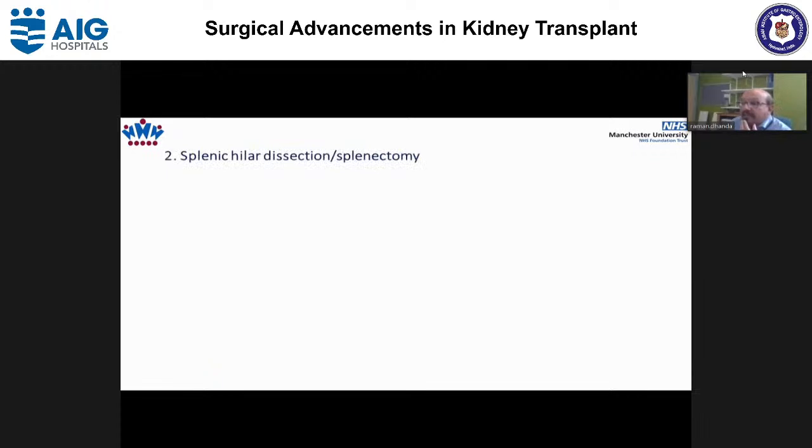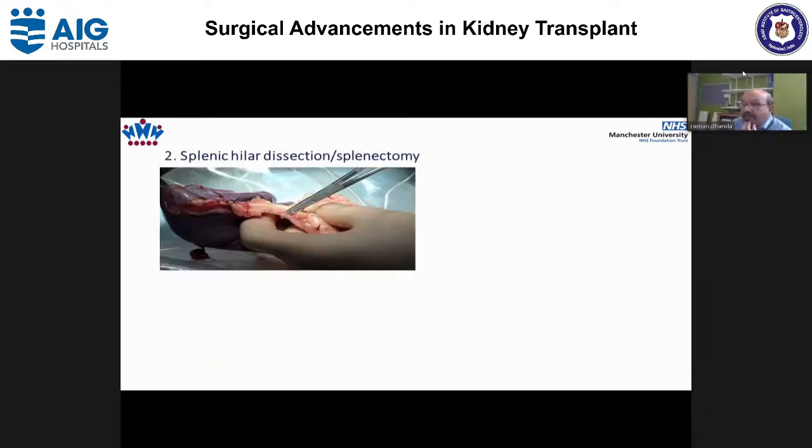The next step is splenic hilar dissection or splenectomy. You individually dissect the splenic artery and the veins, and transfix them, doubly ligate them with any suture, what you like, but do transfix them with non-absorbable suture.